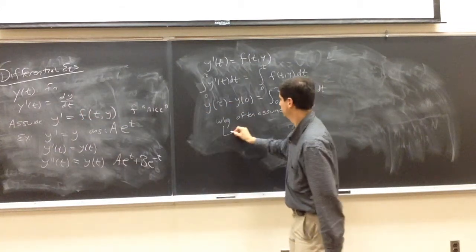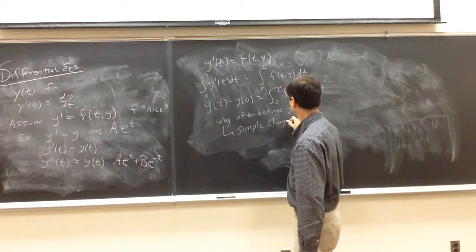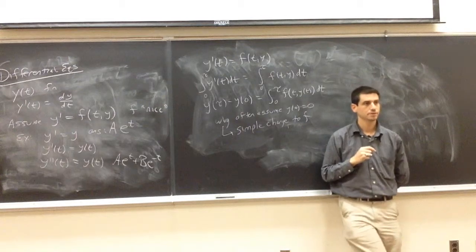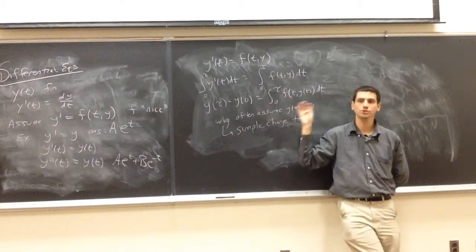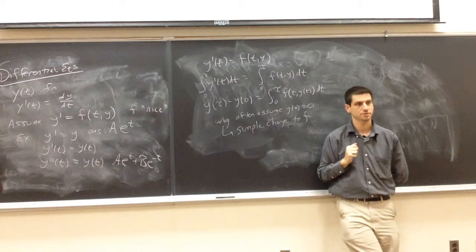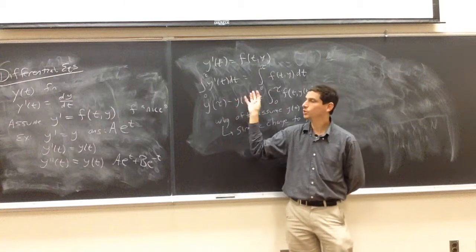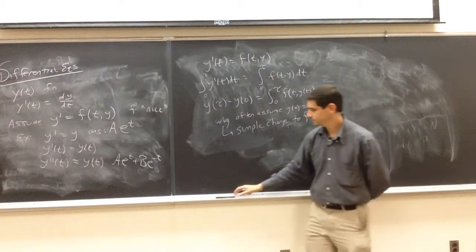A simple change to f, right? This is a very common theme in mathematics, is you often want to reduce things to simple cases. And so without loss of generality, we might as well assume y of 0 is 0.